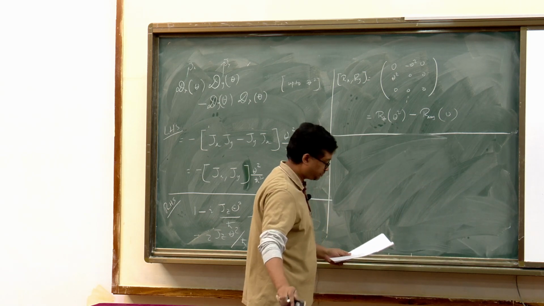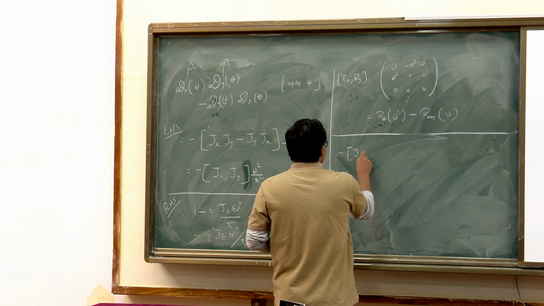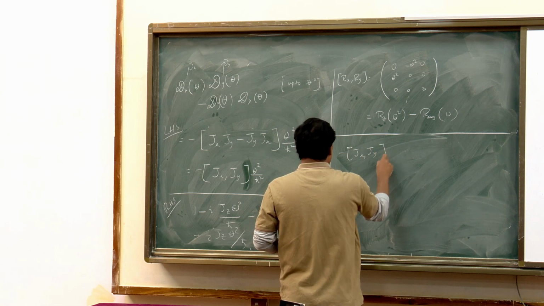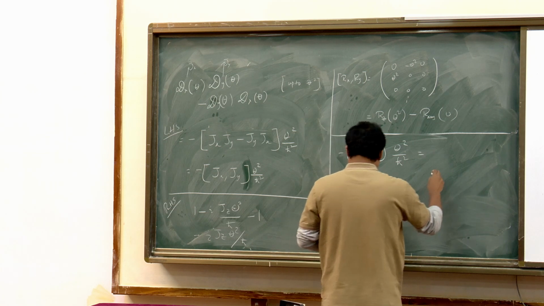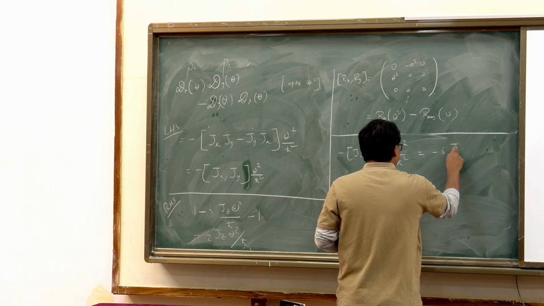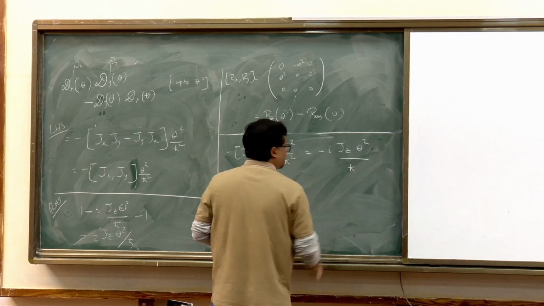We get minus Jx Jy commutator, theta square by h bar square, equal to minus i Jz theta square by h bar.